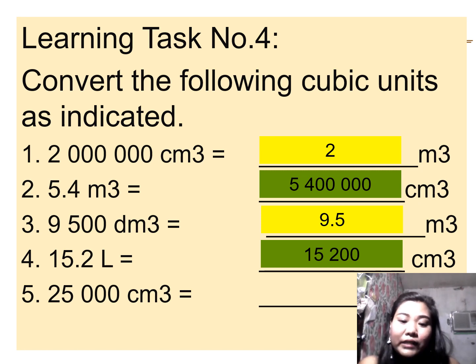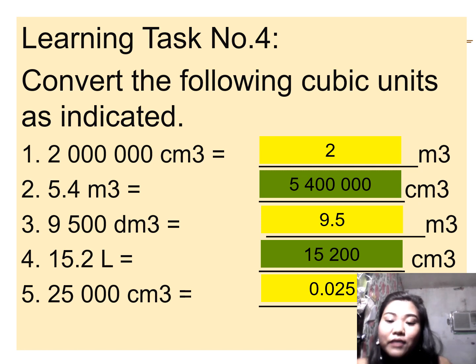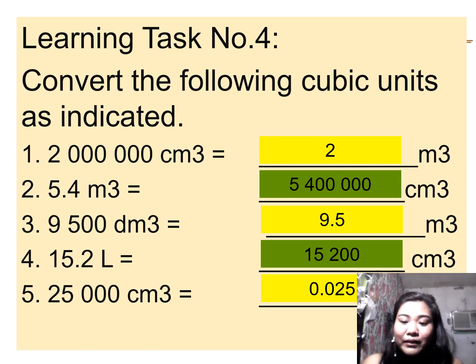Last number, 25,000 centimeter cube to meter cube. We divide by 1 million. So, the answer will be 0.025 meter cube. Okay. Thank you for listening.